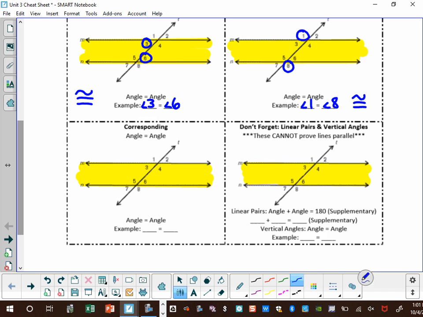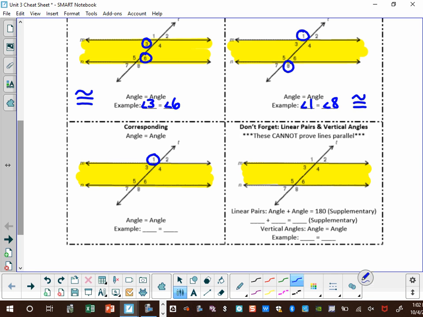All right, we have corresponding, which means it doesn't matter if it's interior or exterior. Angle 1 is corresponding with which angle? 7. Nope. 2. 5. You see how angle 1 is on top of line N?